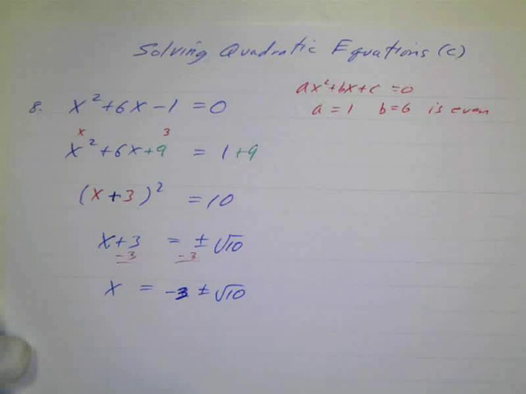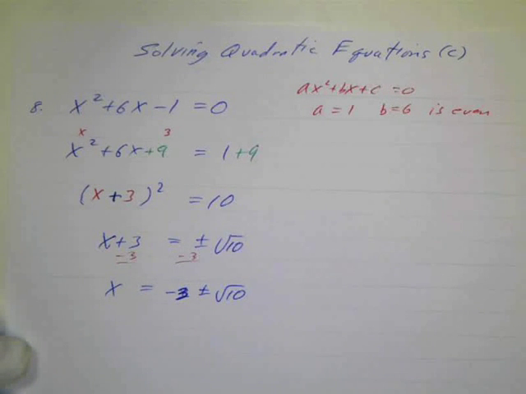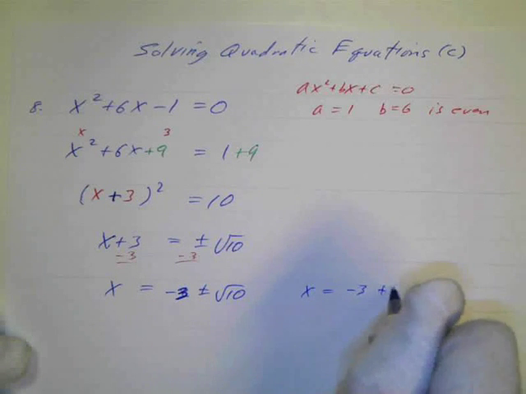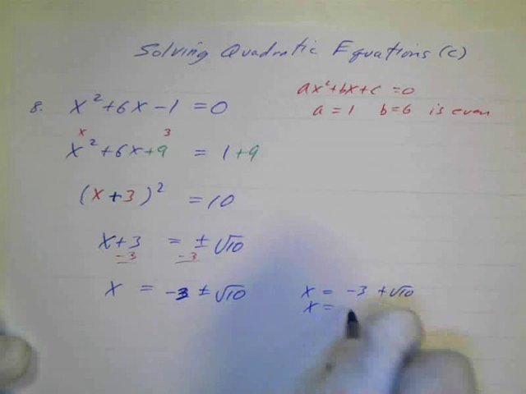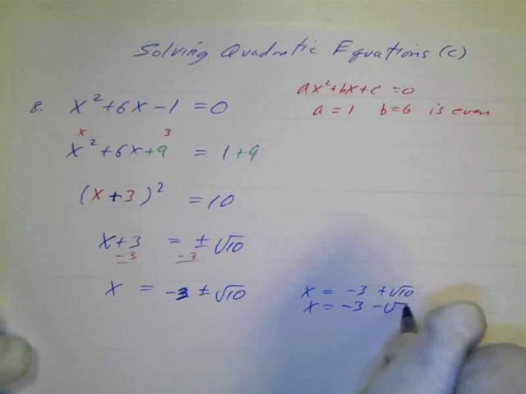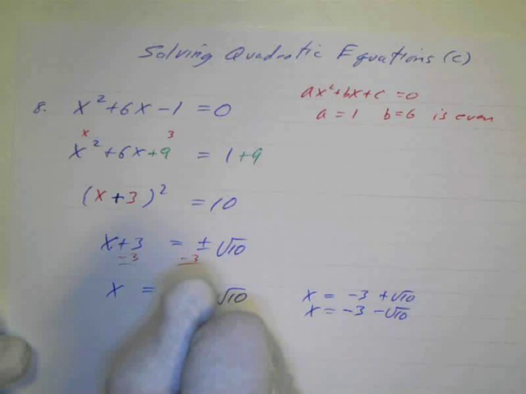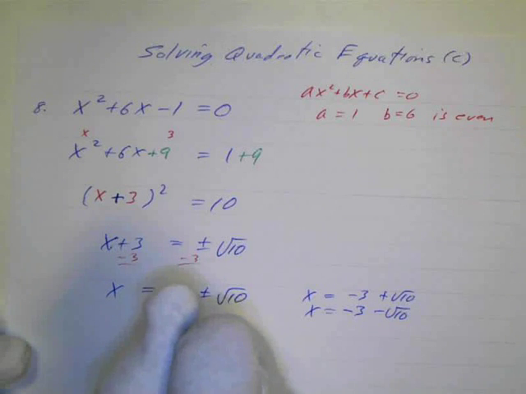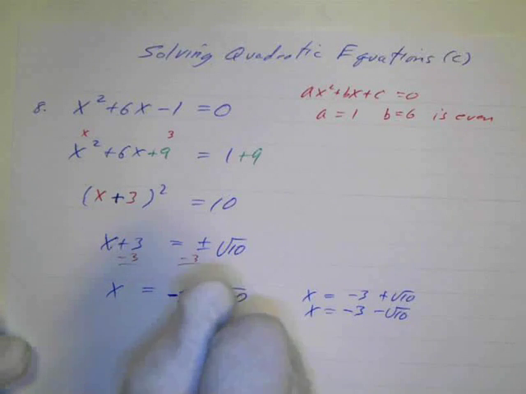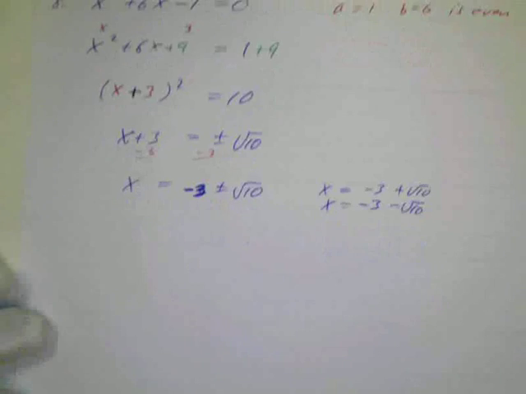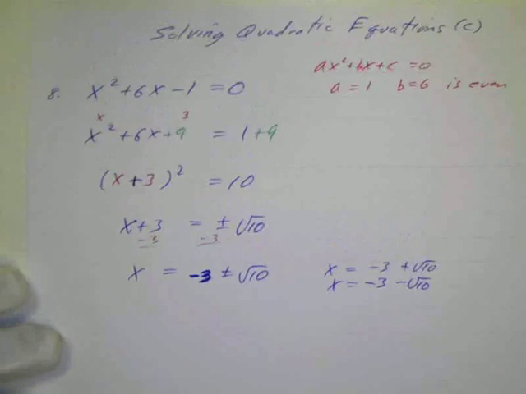All right? And you could leave it like that. So you got two possibilities: x equals negative 3 plus the square root of 10, or x equals negative 3 minus the square root of 10. And then if you want to approximate that, you could, using the interpolation process we talked about. And there you go. Okay, so negative 3 plus or minus the square root of 10. Okay, so that's completing the square.